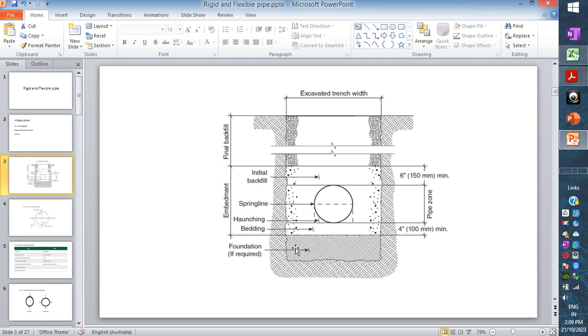If your foundation is not strong, then it's advisable to have geotextile or some other treatment to make the foundation at least more than 2 to 3 CBR. Bedding is underneath the pipe. Haunch is the side of the pipe. Spring line is the middle of the pipe, then backfill, and then final backfill.